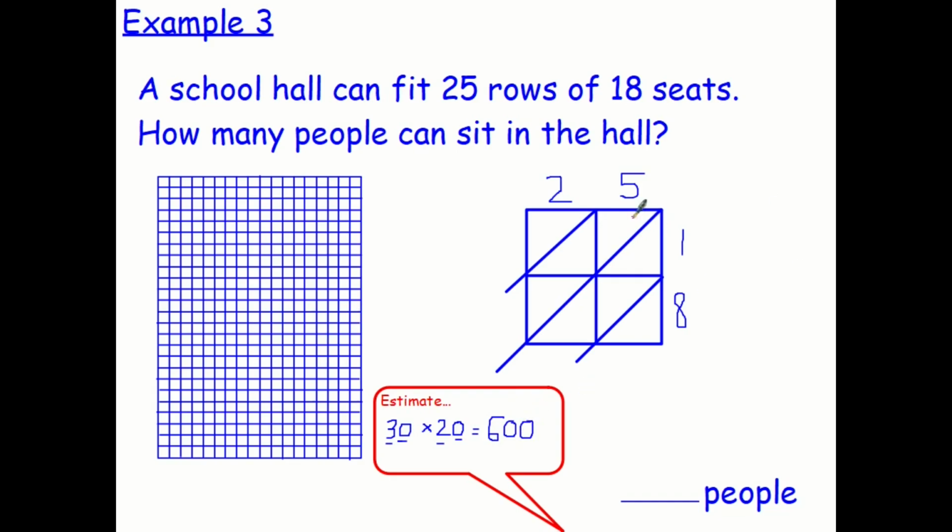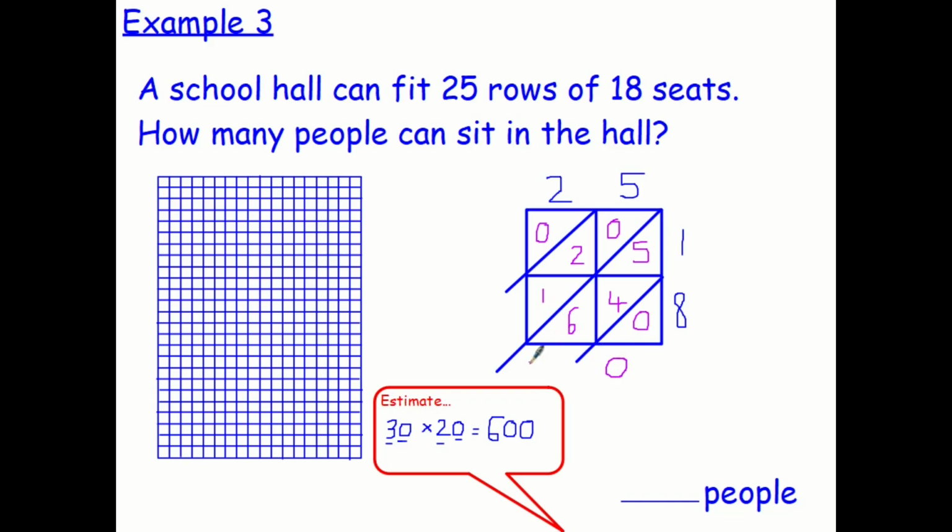What do we get? So this is 5 multiplied by 1, which is just 5, so 0, 5. This box is 5 times 8, which is 40. This box is 2 times 1, which is just 2. And this box is 2 times 8, which is 16. Adding up the purple numbers, along this diagonal I just get 0.